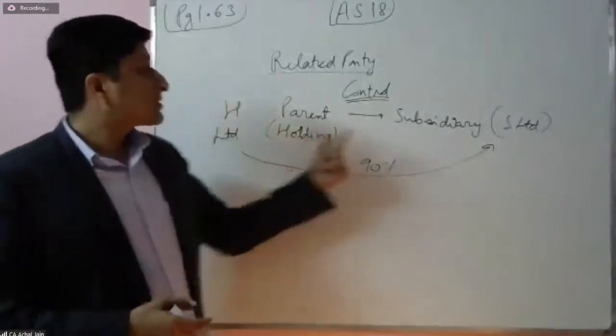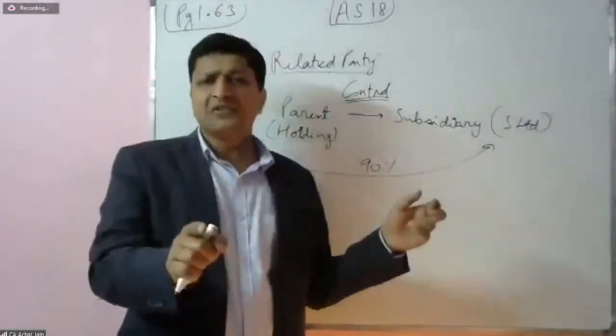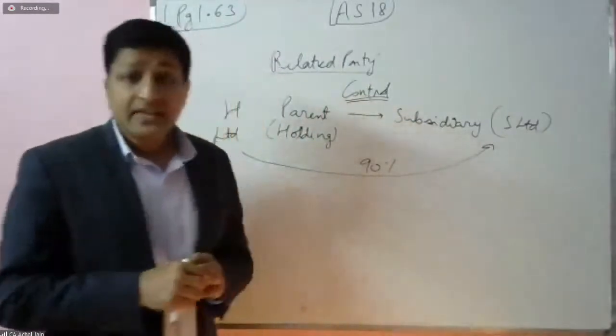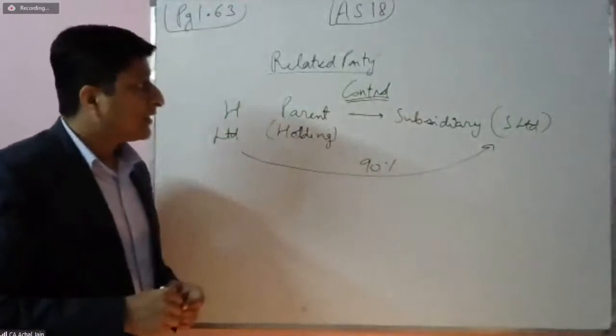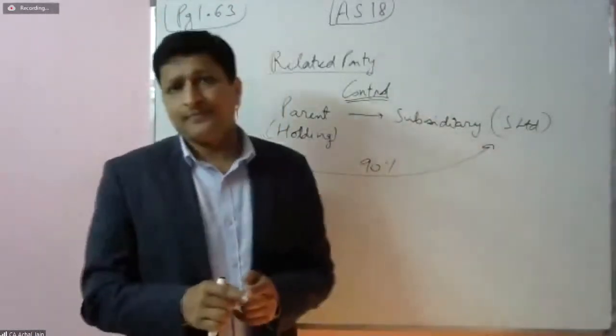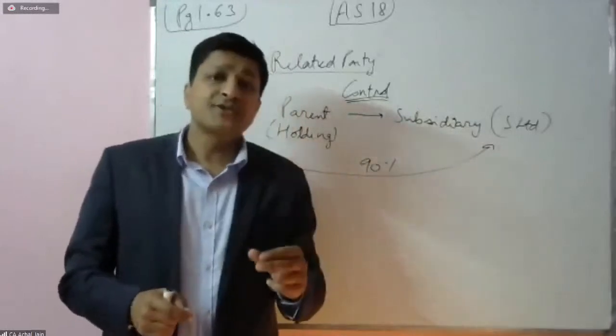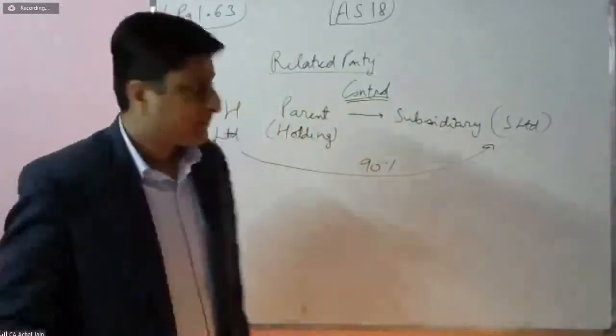Because one company has got investment in another company, and this investment is significant investment. That's why it is possible that if they are making transactions with each other, those transactions may not be taking place at the market price.